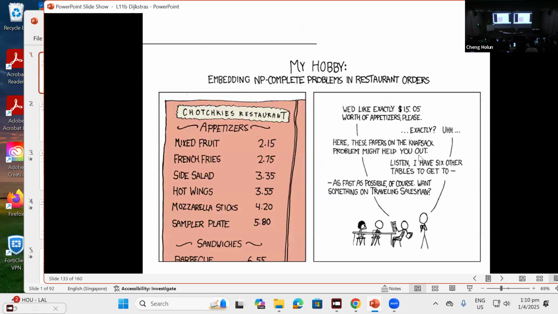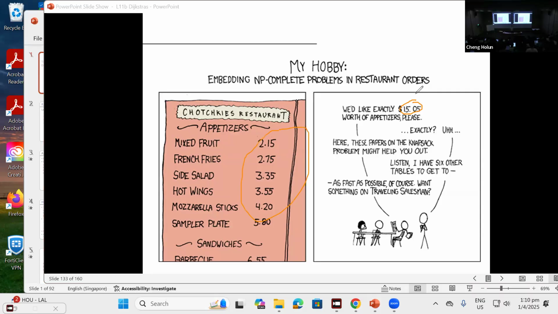Here are other examples. For example, does anyone know the knapsack problem? Knapsack problem means, for example, this is the menu, and I have exactly this much money. Can you come up with a combination of items on the menu that will add up to my price?